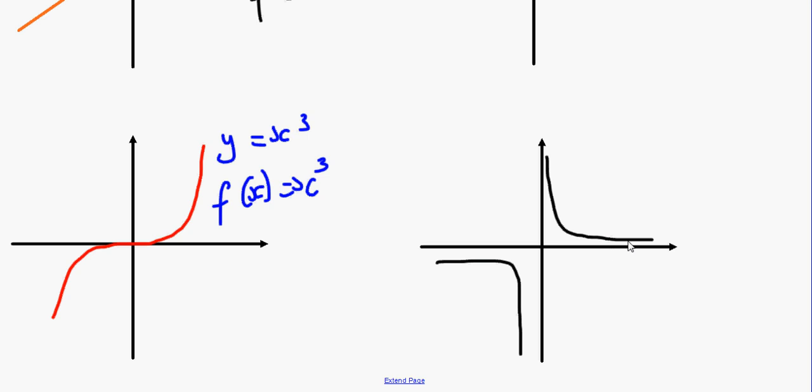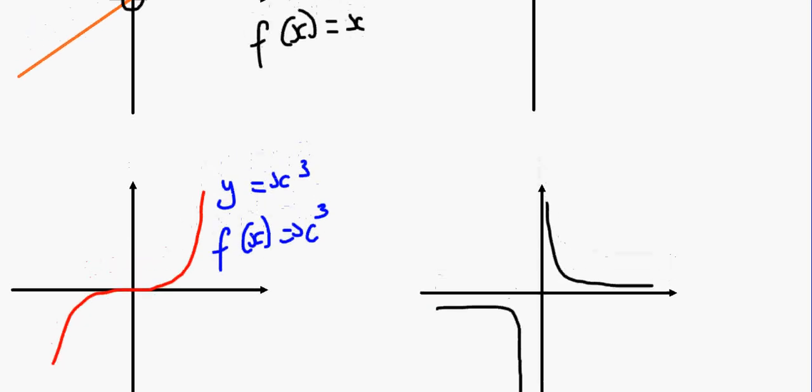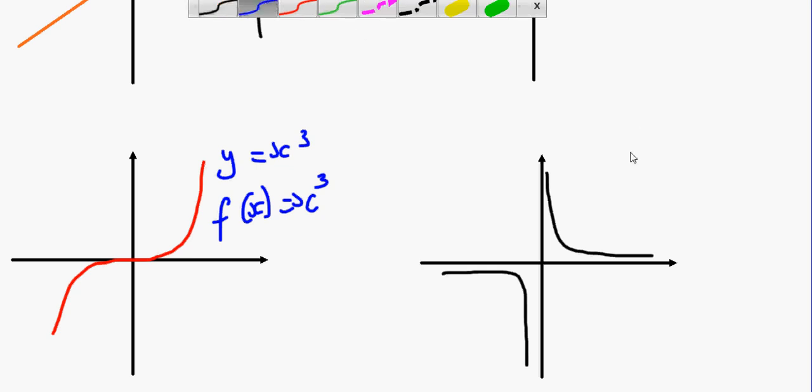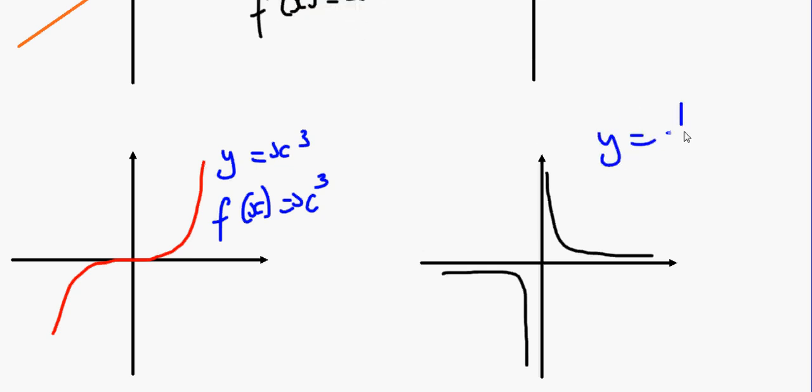So there are 2 asymptotes, my bad. It nearly touches the x-axis, but it never does. If you do further maths, you'd understand what asymptotes are. So that would be y equals 1 over x, or f of x equals 1 over x.